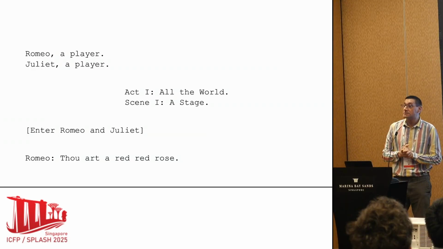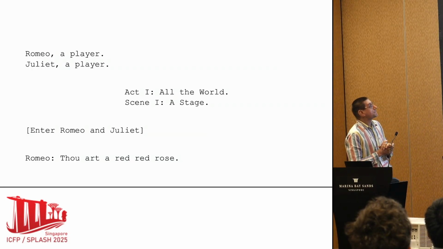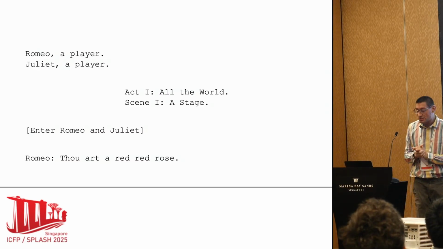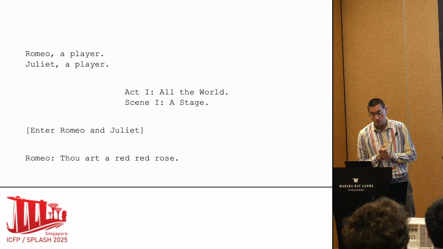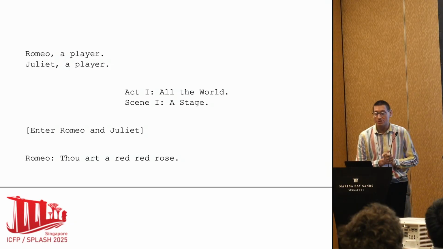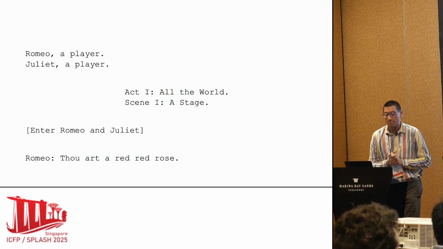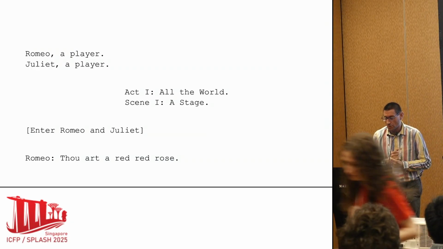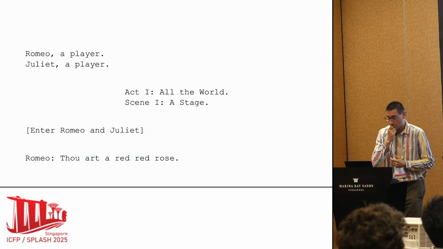Here is another program, this time written in the Shakespeare programming language. Here, variables are characters in our Shakespearean play. Well, actually, a character is a stack of values, but we'll just have single element values here.